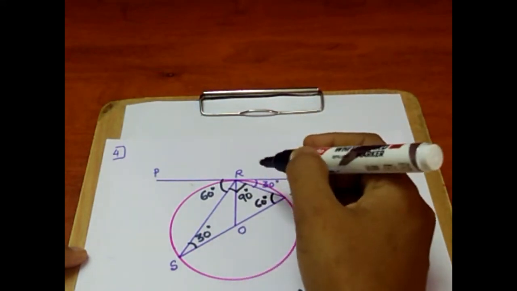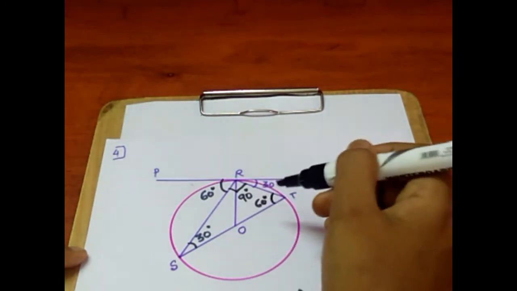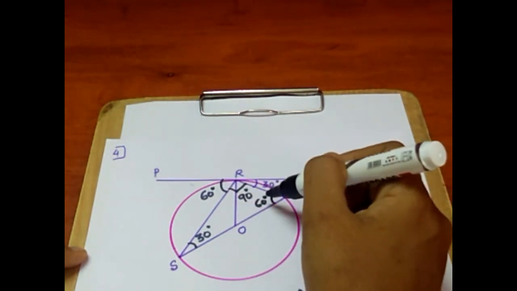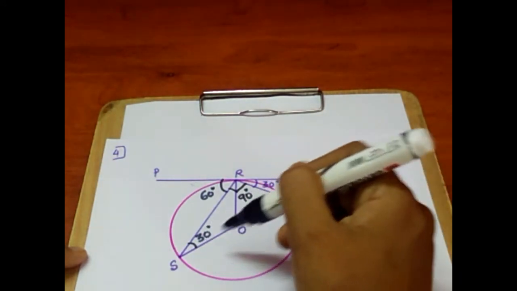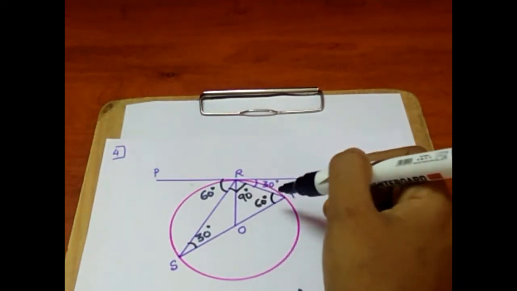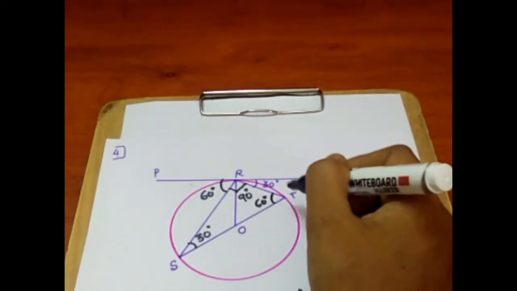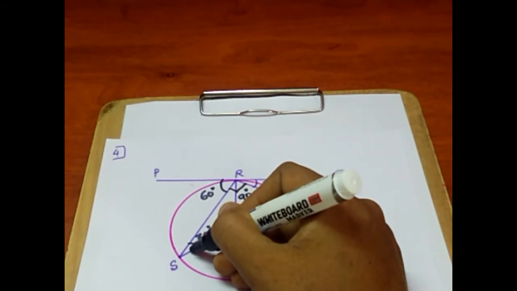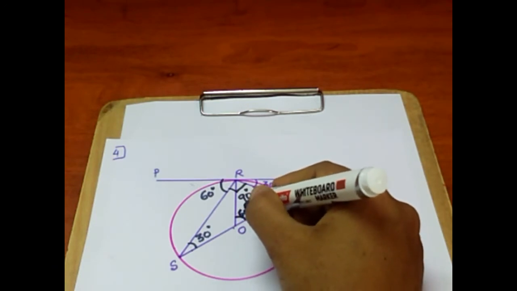Now we need to calculate the measure of ROT. Any idea? Or directly we can calculate. Without this also we can calculate. Just think of any other alternate way where you can find out ROT. Yes. RST is the angle in a semicircle, hence ROT is the angle at the center, that is twice the angle at the circumference.